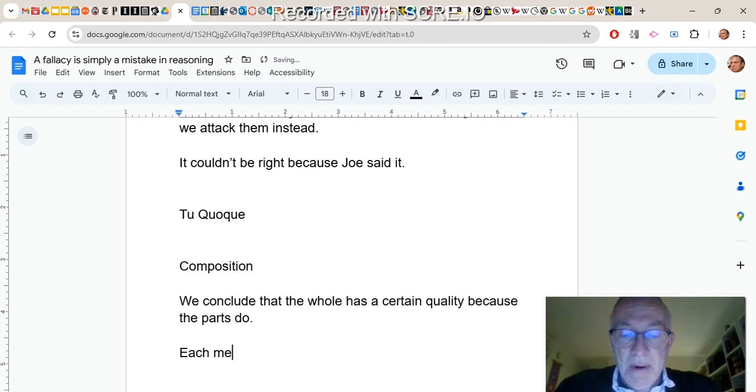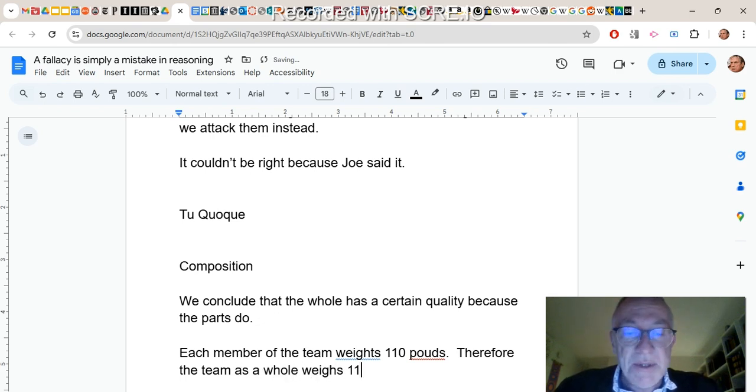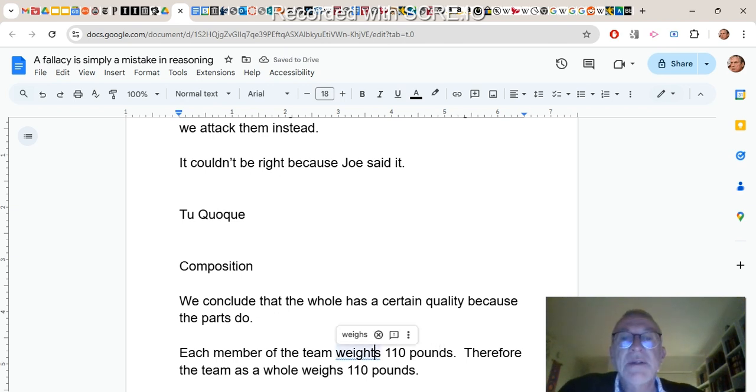Each member of the team weighs 110 pounds. Therefore, the team as a whole weighs 110 pounds. That, of course, is silly and is a fallacy. Just because each member of a team weighs 110 pounds, you can't conclude that the team as a whole weighs 110 pounds.